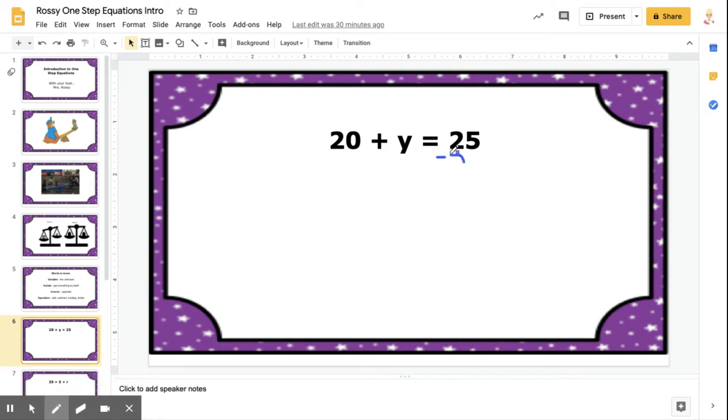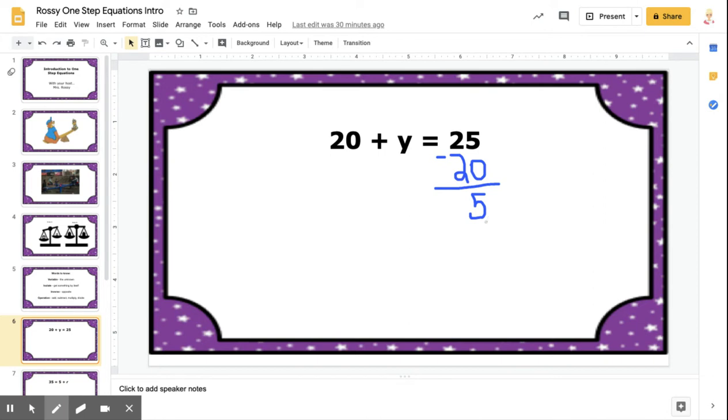Minus 20. So now we have 25 minus 20. You could do it in your brain, you could do it on your calculator, whichever you like. 25 minus 20, 5 minus 0. You're not taking anything away. There's 5 left over. 2 minus 2 crosses out. That's going to be a 0, and we're left with 5.